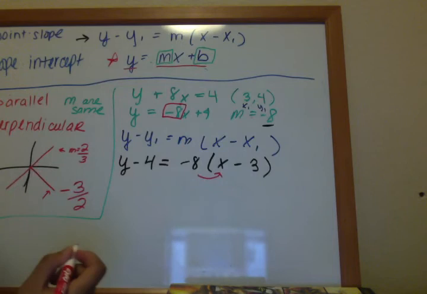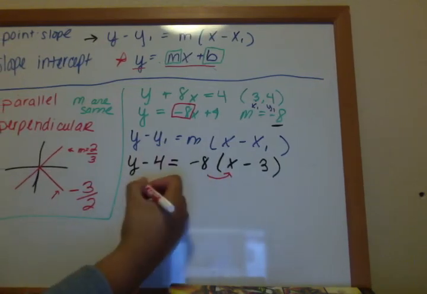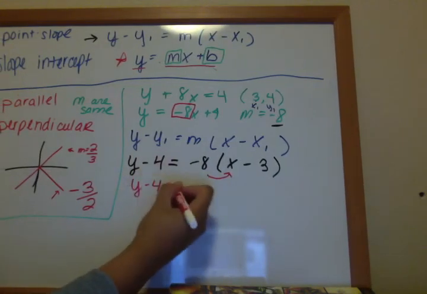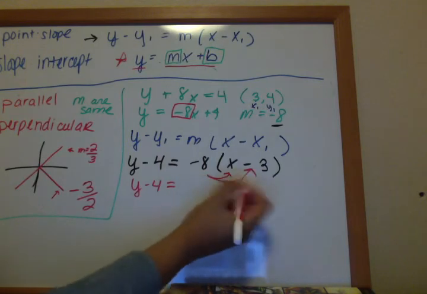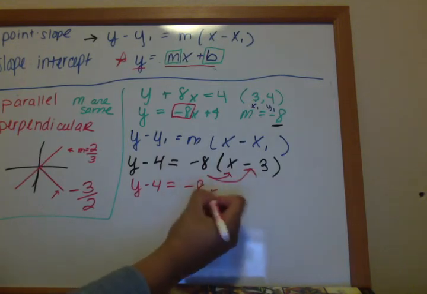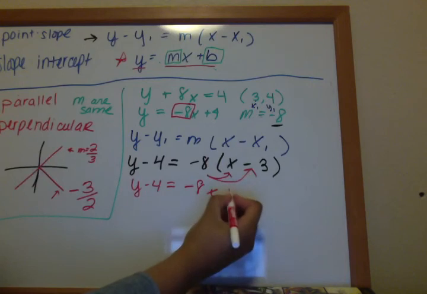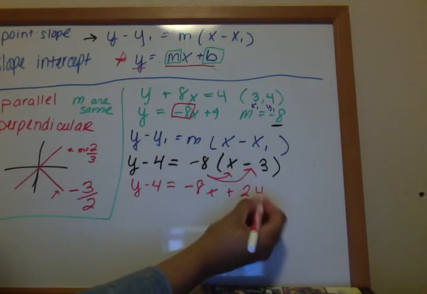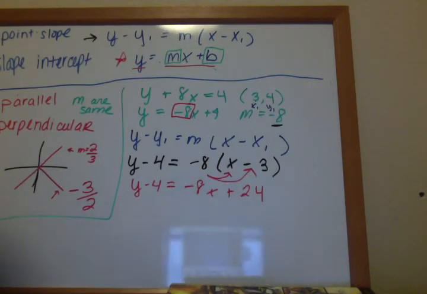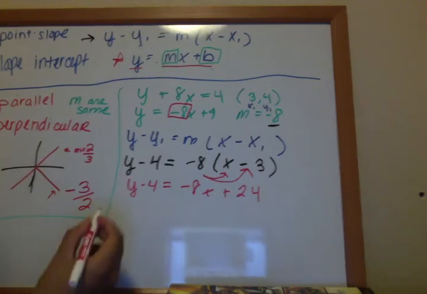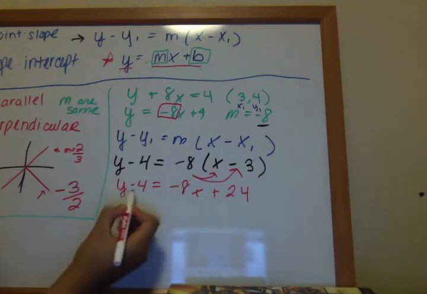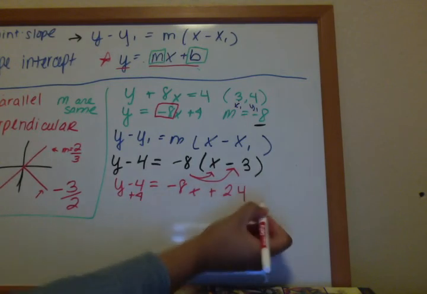Now, to get in slope-intercept form, like the directions say, we just solve for y. Okay? So the first thing we do, distribute negative 8. y minus 4 equals, distribute to both sides, negative 8x. Negative 8 times negative 3 is 24. Alright.